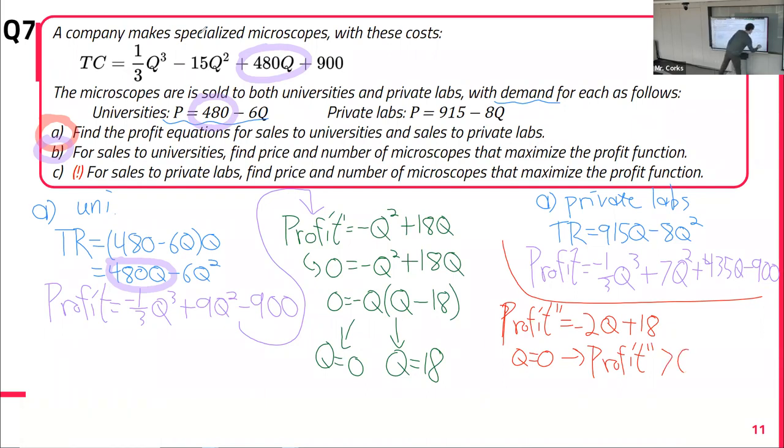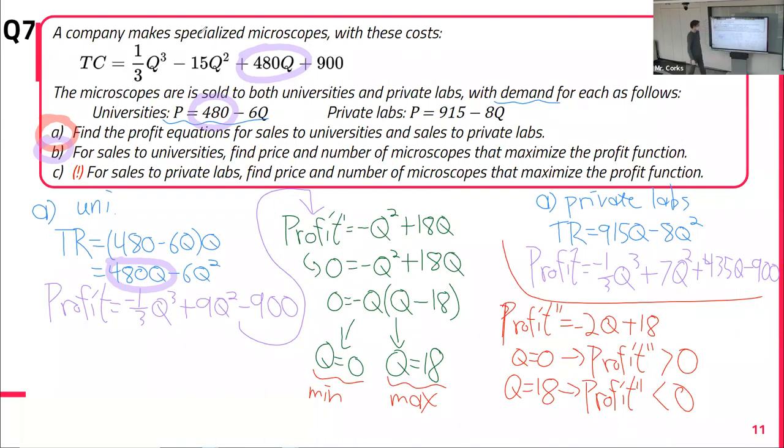It's 18, so it'll be positive. So here we have a minimum point. If Q is equal to 18, then our second derivative will be a negative number, so we end up with a maximum point. So the maximum profit is where Q is equal to 18.